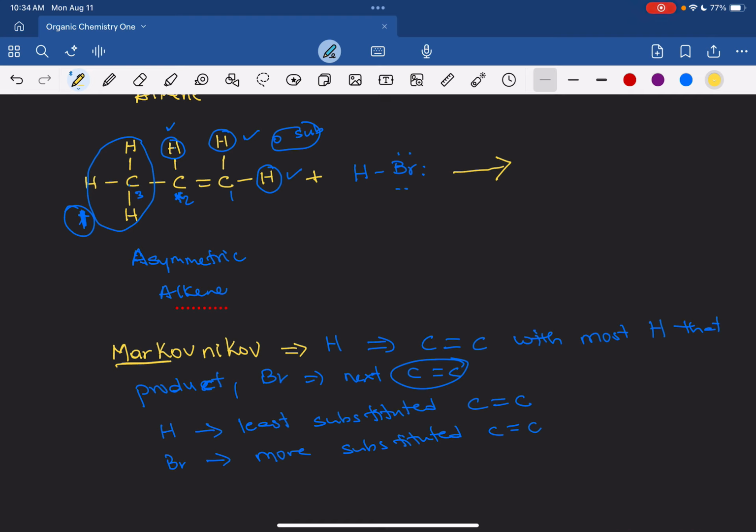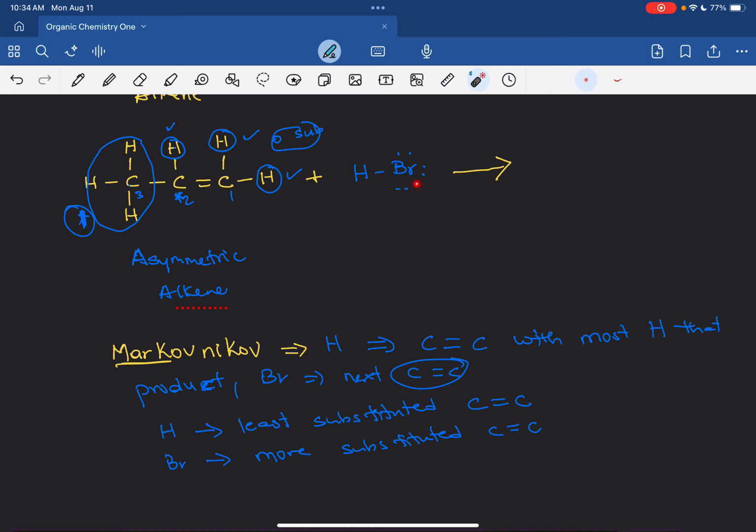So let's talk about what happens when our hydrogen and our Br get added here. And if you notice, I'm not talking to you about nucleophiles and electrophiles. I'll do that in the mechanism video. But to simplify, if you're given a question and they ask for the product, you don't need to write a mechanism. If you have the mechanism in your brain, honestly, it makes it easier for you.